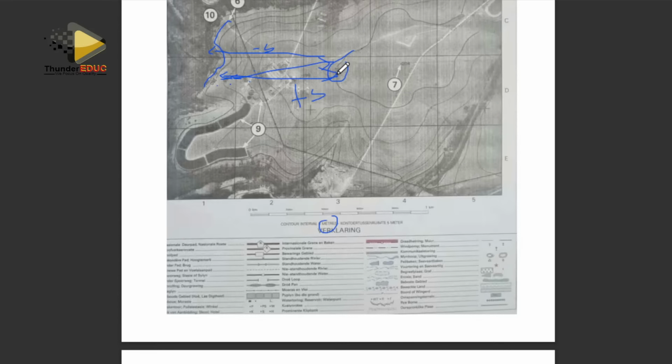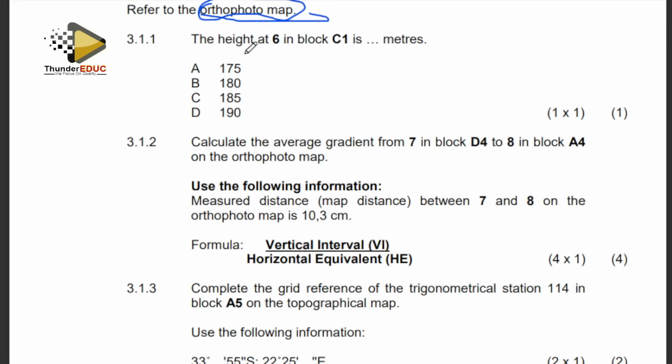Sorry, this is 200, 195, 190, 185, 180, and that means this one here, which is 6, becomes 175. So the option that I will take is 175.